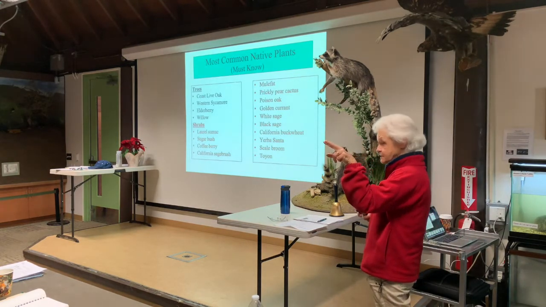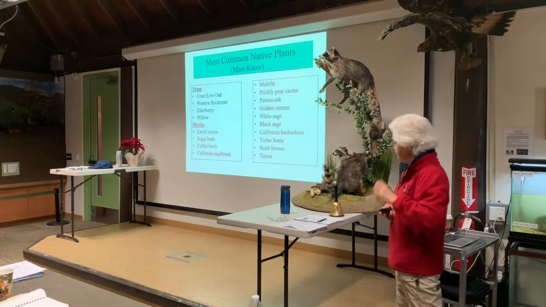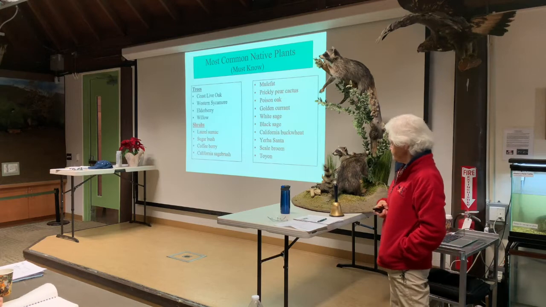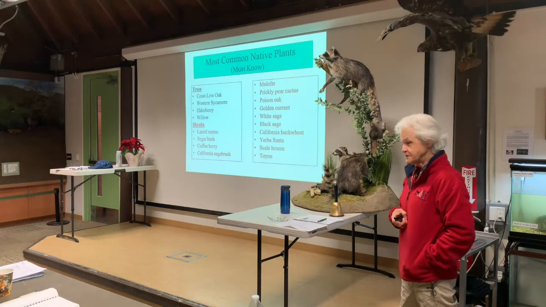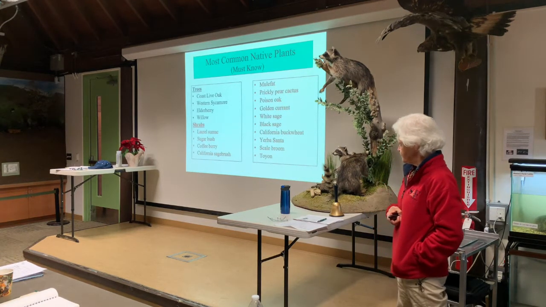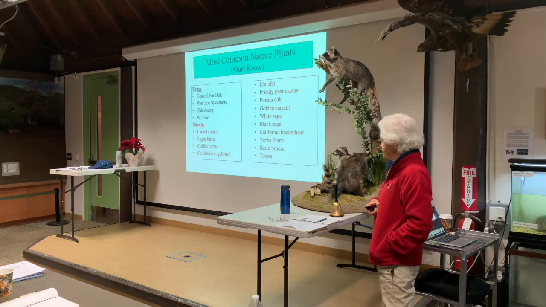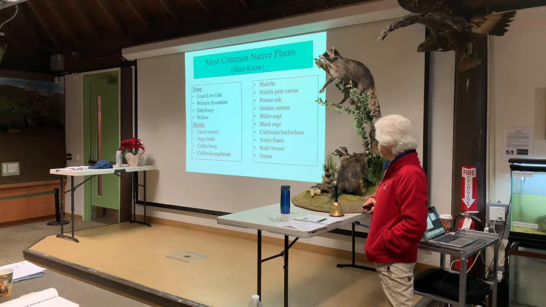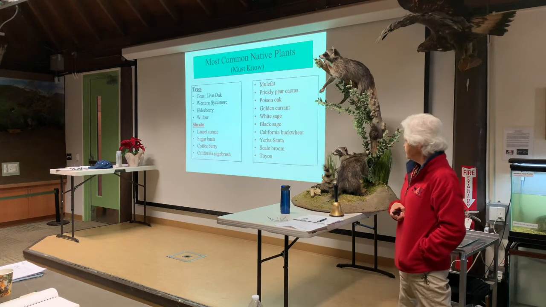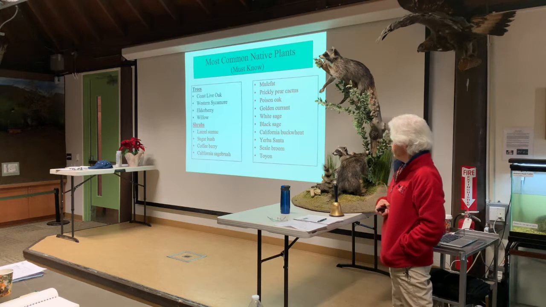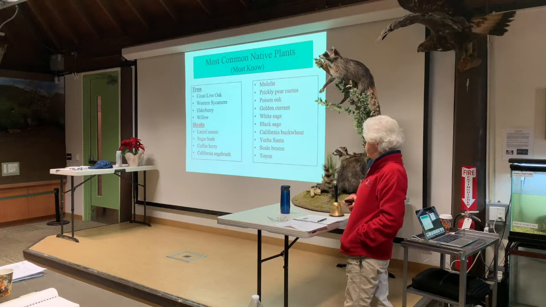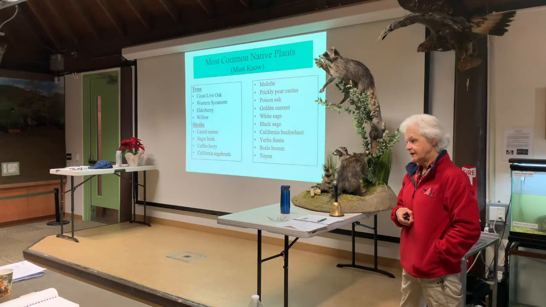There are two represented on the table, the coast live oak and the elderberry. Shrubs, we have lots of shrubs: broad sumac, sugarbush, coffeeberry, California sagebrush, mule fat, prickly pear cactus, poison oak, golden currant, white sage, black sage, California buckwheat, yerba santa, scale broom, and toyon.